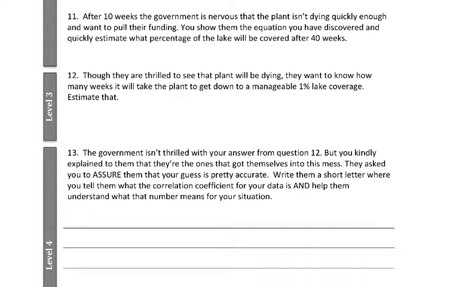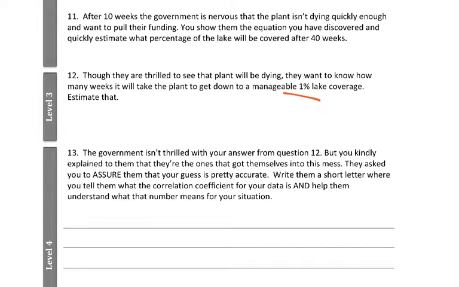Question 3 is kind of a deeper question, but it's trying to figure out when we're going to get to 1% of the lake coverage, and what that's going to entail is a little bit of guessing and checking on your part. So you're going to have to pick some week numbers and plug them into the calculator and get as close to 1% as you possibly can.